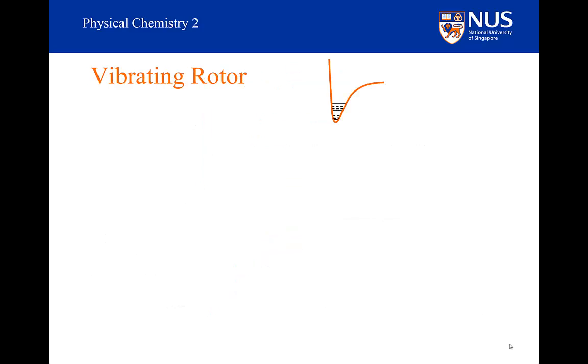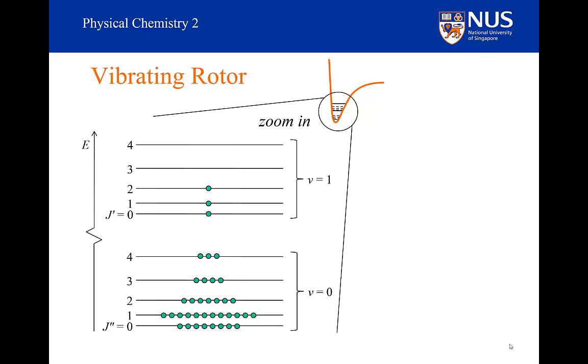I've drawn out the potential energy again, but I want to focus on the V equals 0 and V equals 1 states and expand it. This is the energy level diagram again, and I've written this zigzag here to illustrate the big gap in energy between the energy levels associated with V equals 0 and those associated with V equals 1.